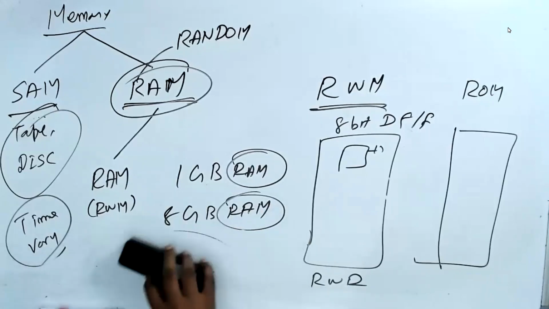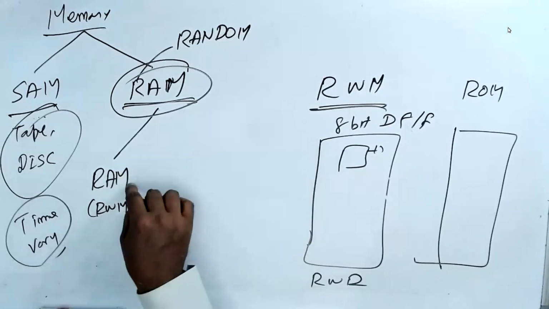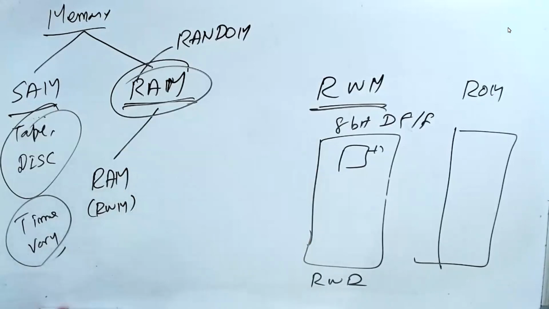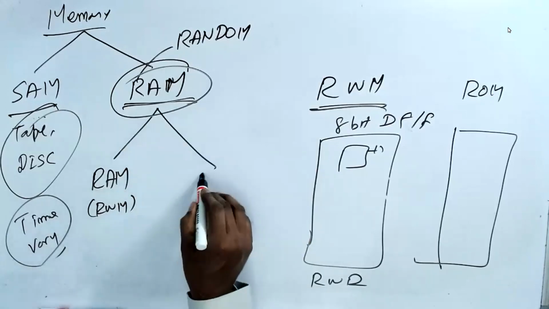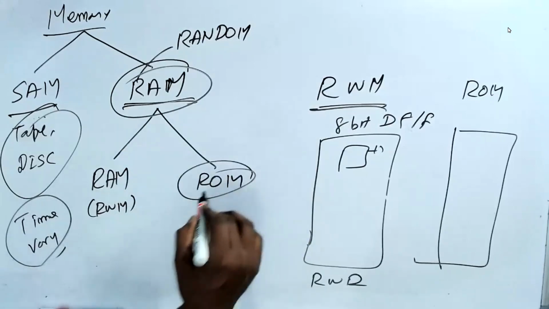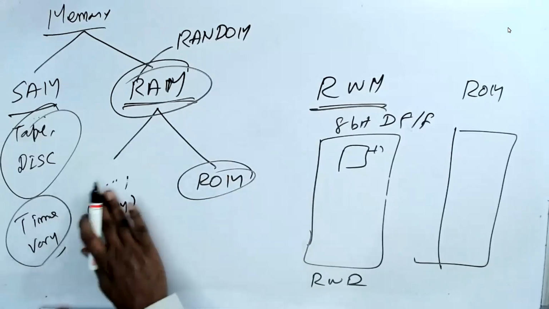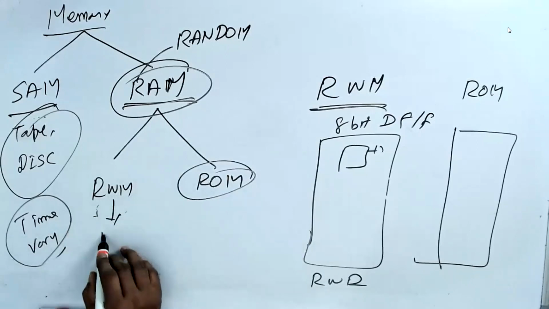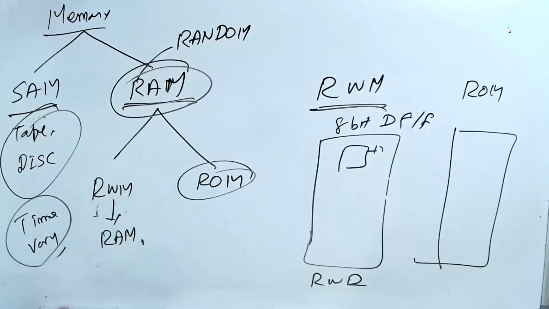I'm not telling that it's not a random access memory, but there are two types of random access memory. ROM is also a random access memory. So this is supposed to be called RWM. Because of a mistake, we call this a RAM. You understand now?